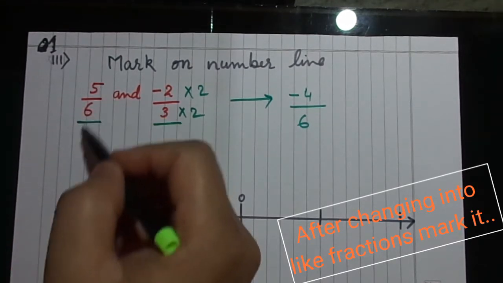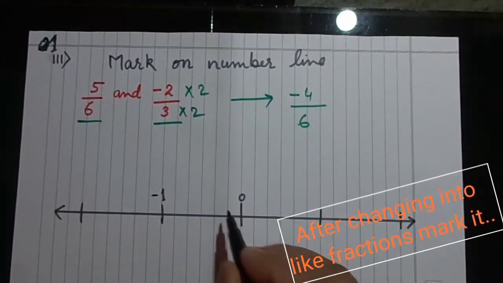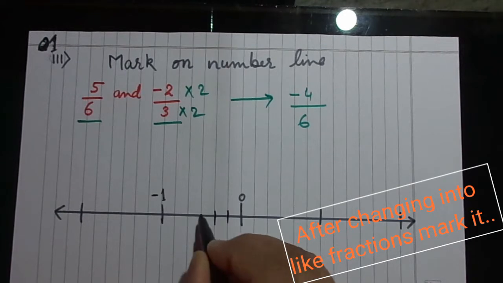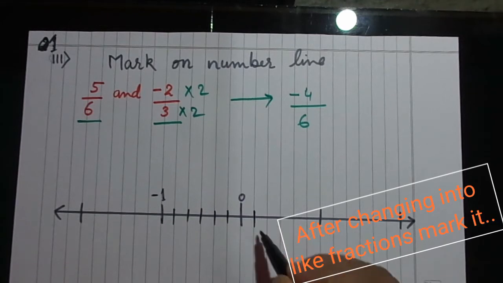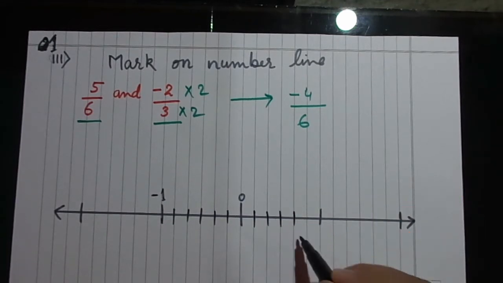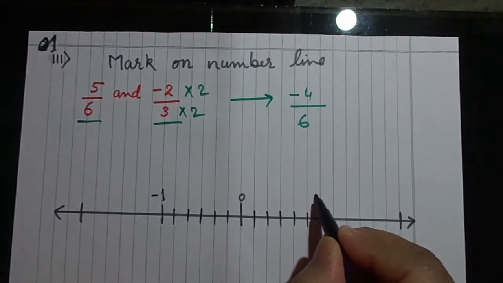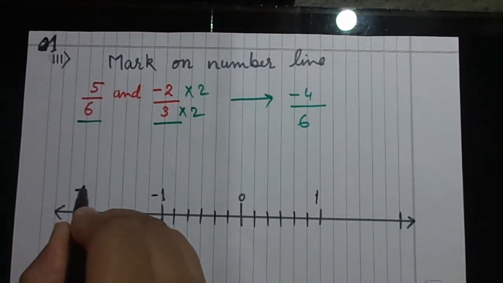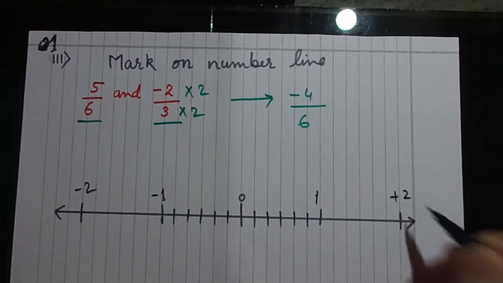Once again we see 5 by 6 and minus 4 by 6 are less than 1. Therefore it will be confined. First part, second part, third, fourth, fifth, sixth. 6 parts. Similarly towards the right hand side, 1, 2, 3, 4, 5, 6. Minus 1. This is your 1. This is your minus 2. This is plus 2.